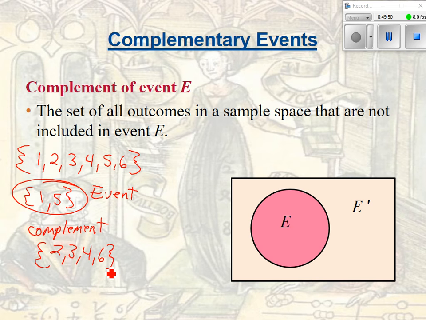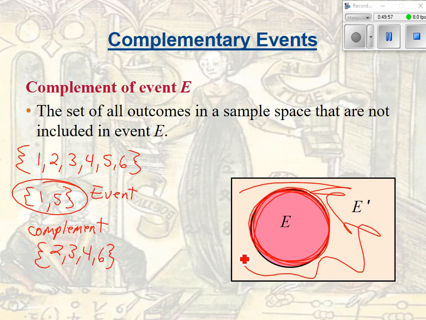When we show a complement here, this is our event. All this stuff out here is the complement. When we show that we want the complement, we use this little apostrophe sort of at the top. So that means we want everything other than that event. So just remember that that means that you want the other stuff, the complement of whatever it is that you're looking to do.